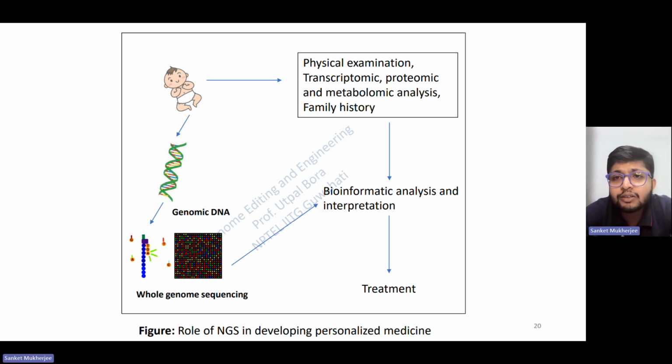So if you want to know the role of NGS in developing personalized medicine, when you get the genomic data from a patient, for example, or from a human, there are a lot of companies, especially in the US, that do this work. They sequence your genome.